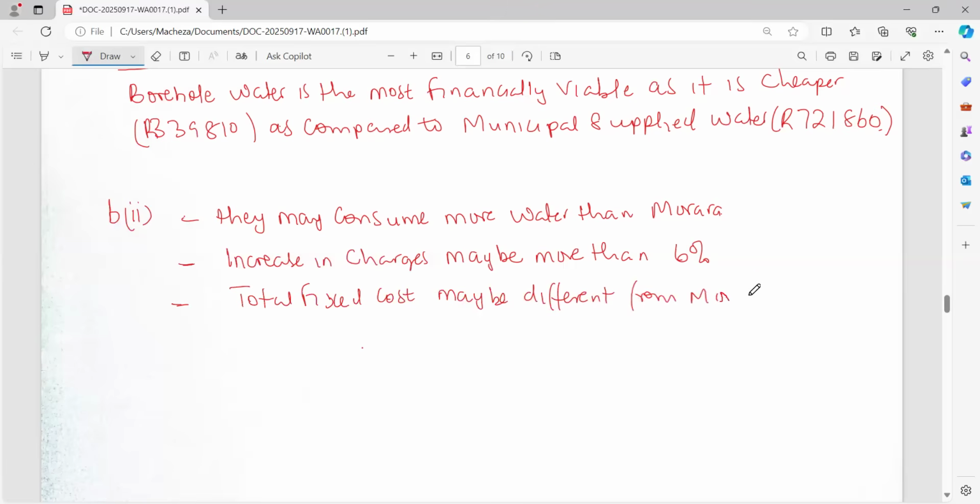Do you think the variable cost is going to be the same? Remember what we used to calculate the variable cost. So even the variable cost might not be the same, because we use Morara's invoice to calculate the variable cost per unit. So the variable cost per unit might also be different.